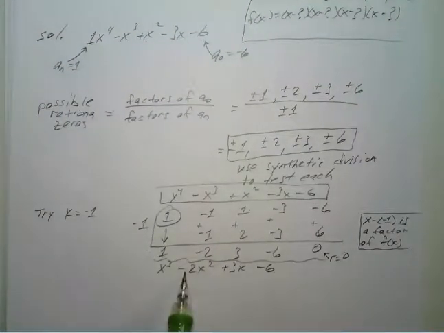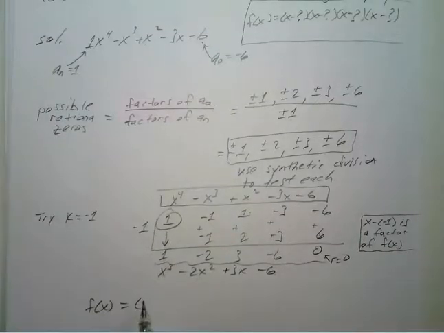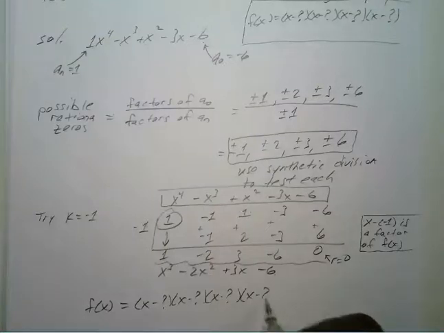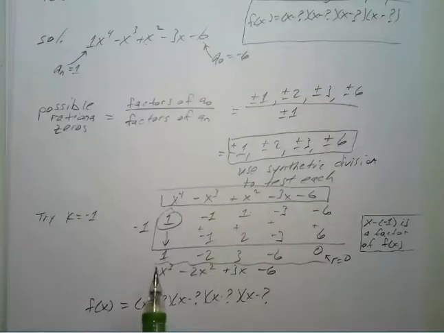So that means that our f of x is going to equal x minus something times x minus something times x minus something times x minus something, but we already know one of the factors here.